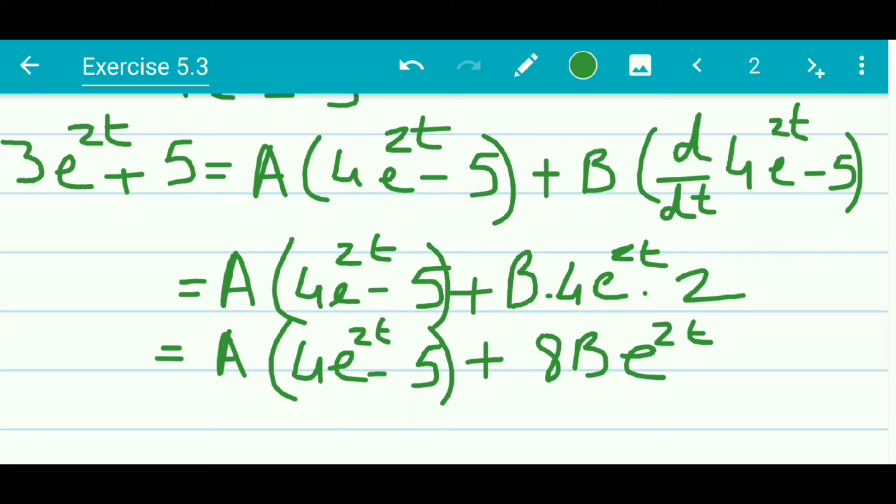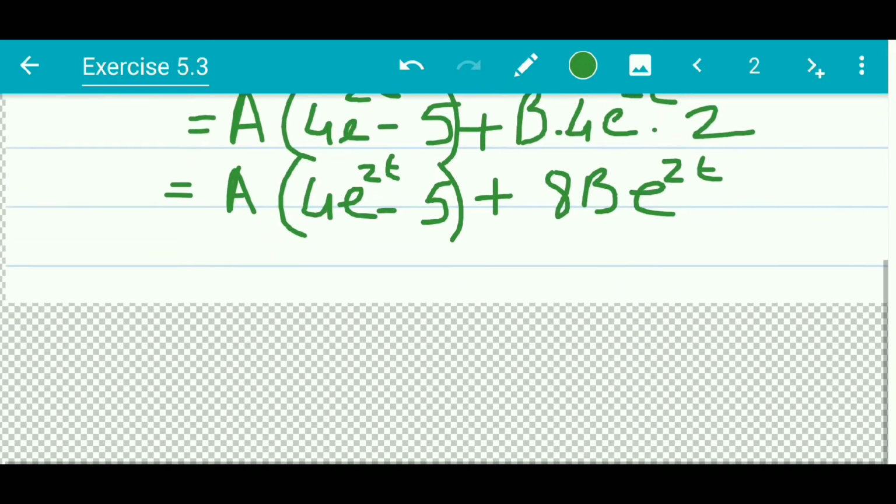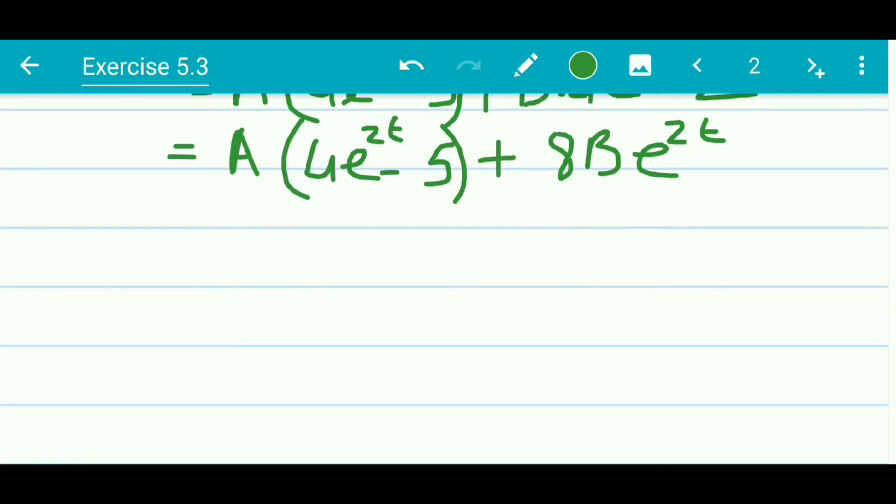Now further, we take the LHS and write it over here, equal to the RHS. We now open the first bracket and multiply with a.